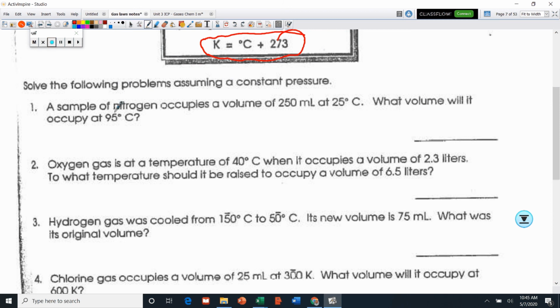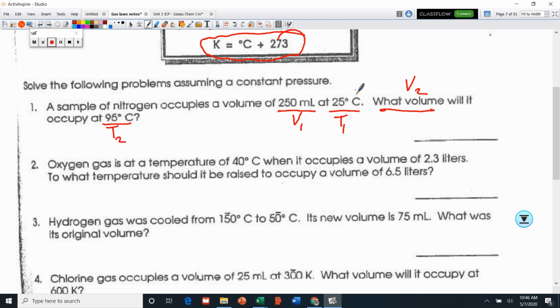A sample of nitrogen gas occupies a volume of 250 milliliters, so that's my V1, at 25 degrees Celsius, that's my T1. What volume, V2, will it occupy at 95 degrees Celsius, T2? All right, looking at my givens, I have some issues here. What's the first thing that I need to do? That's right. Temperature is in Celsius.